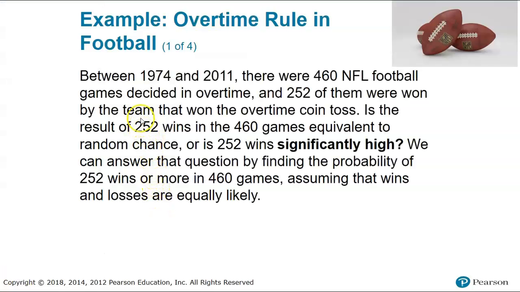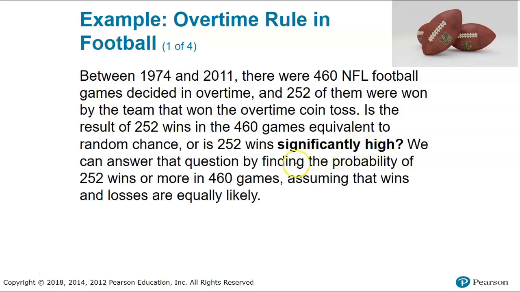Okay, so here's a problem. This one, between 1974 and 2011, there were 460 NFL football games decided in overtime, and 252 of them were won by the team that won the overtime coin toss. So we're kind of checking to see, is there anything to winning the coin toss as far as the outcome of the game? Is the result of 252 wins in the 460 games equivalent to random chance, or is 252 wins significantly high?